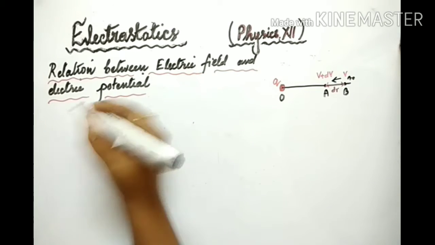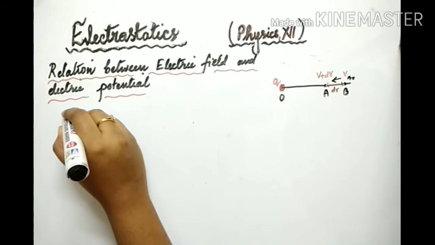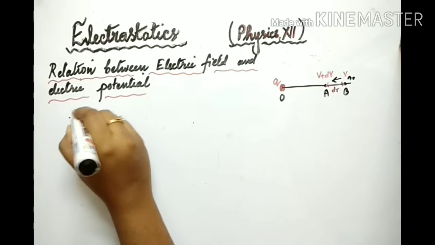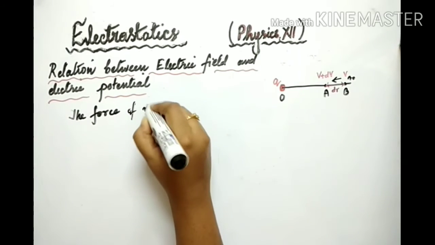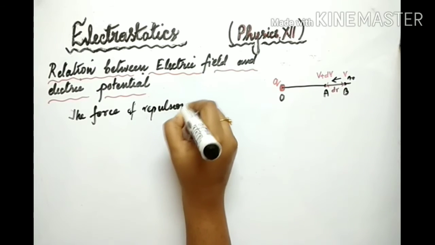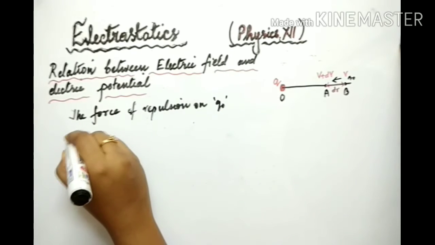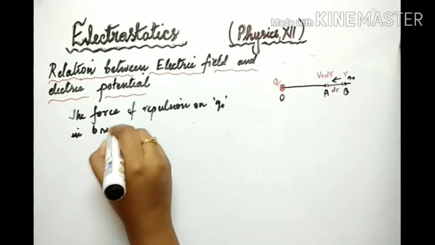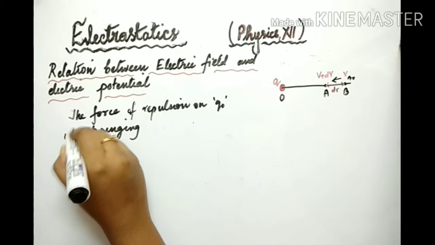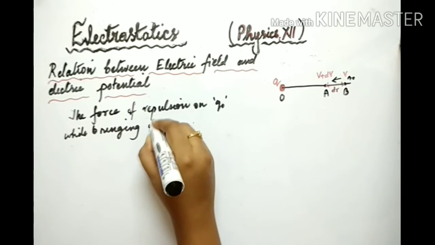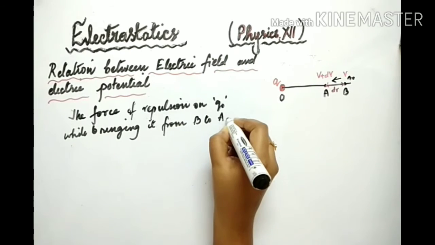So the force of repulsion on Q naught while bringing it from B to A will be what?